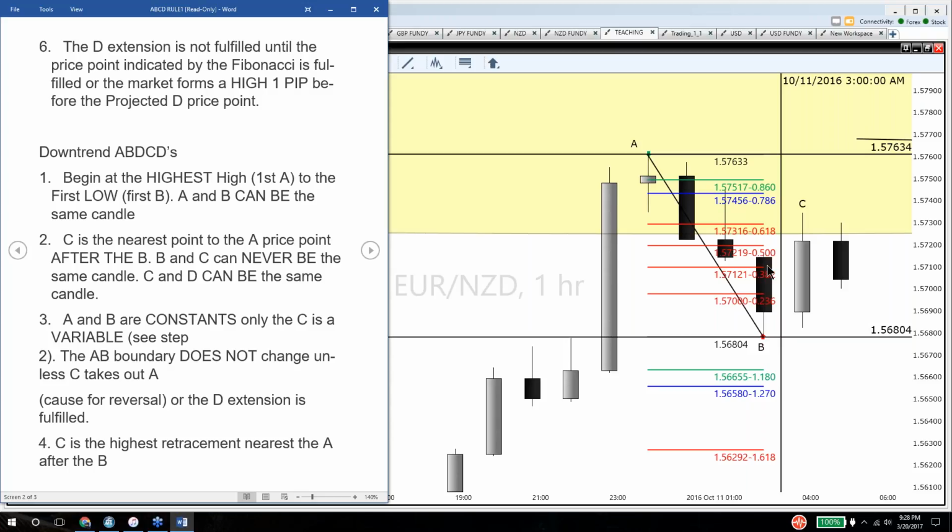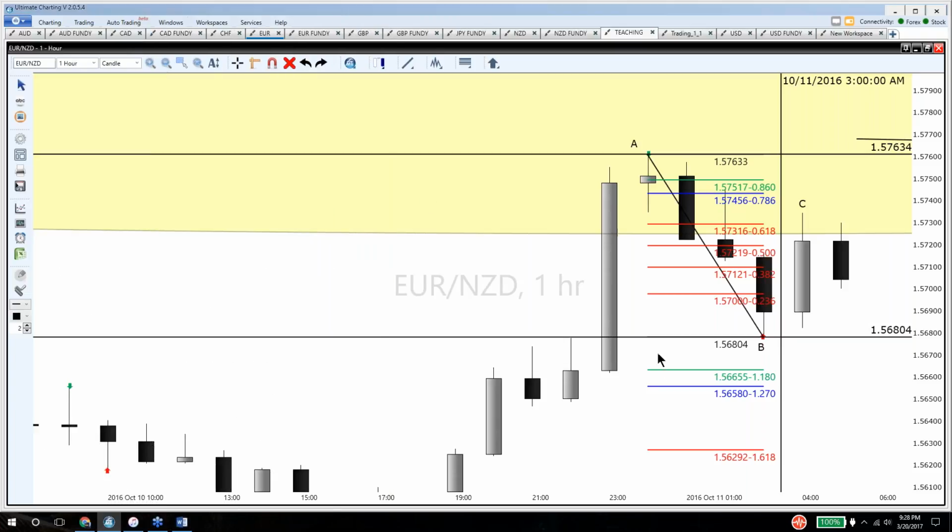Okay, so here's my first AB boundary. Let's give this a spin. Here's my first AB boundary, and we've identified correctly the C retracement right here. This is the nearest point to the A after the B, so boom, there's my C. Based on this level of retracement, what is the appropriate D extension target?